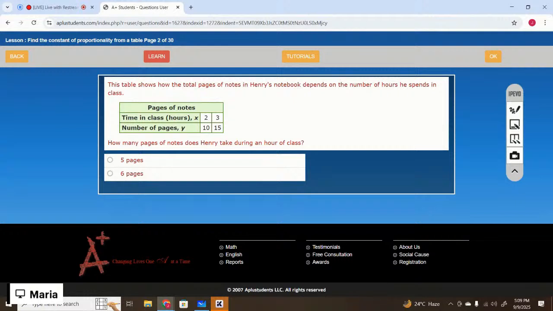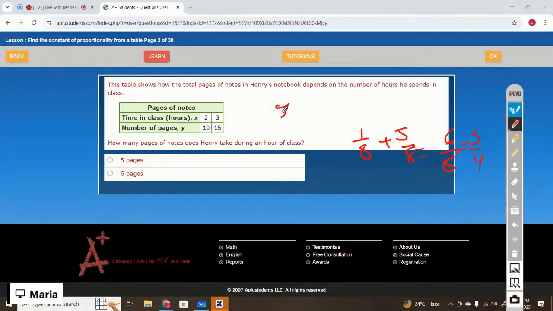The table shows how the total pages of notes in Henry's notebook depends on the number of hours he spent in class. How many pages of notes does he take during an hour of class? So you have to calculate the constant of proportionality. You have to do y over x, right?